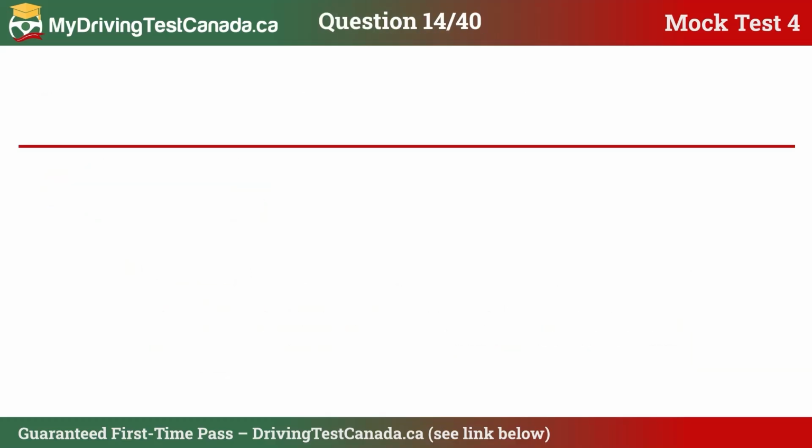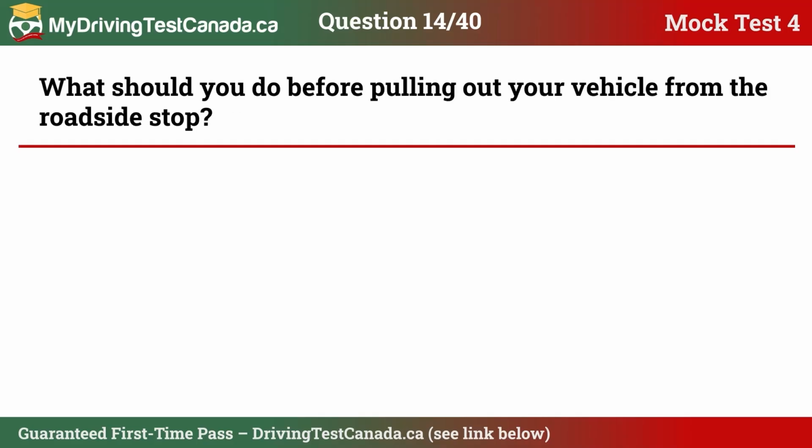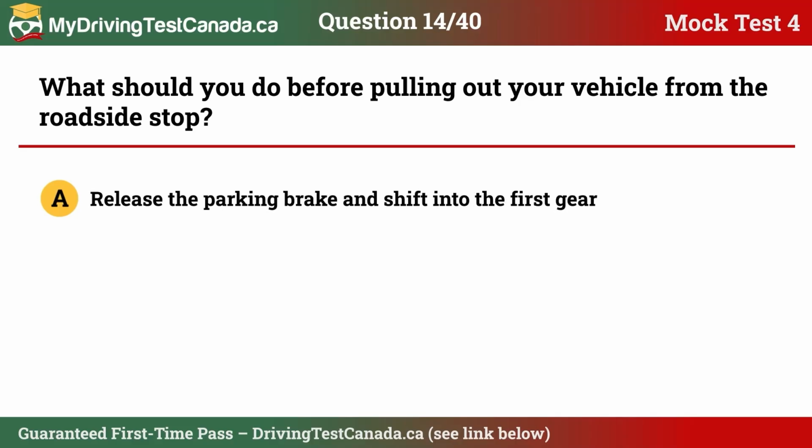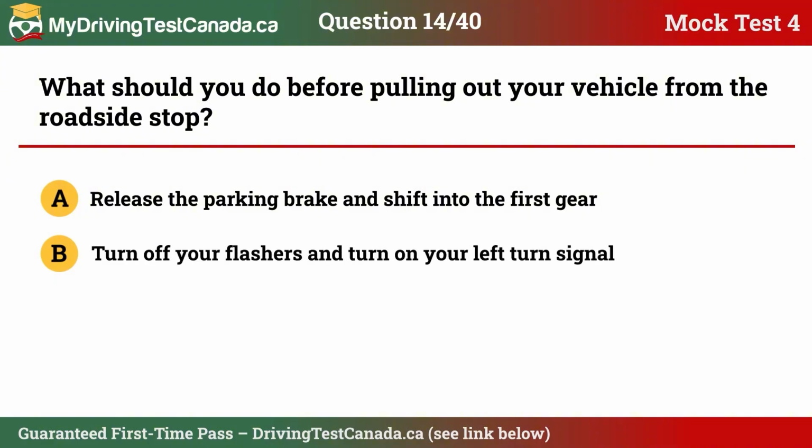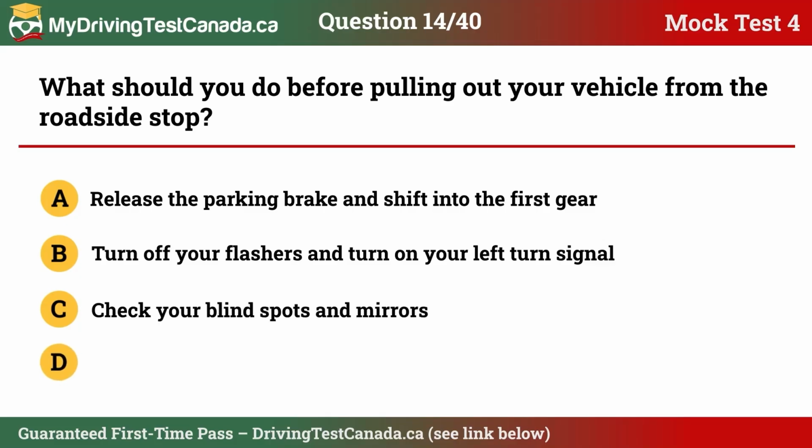Question 14. What should you do before pulling out your vehicle from the roadside stop? A. Release the parking brake and shift into the first gear. B. Turn off your flashers and turn on your left turn signal. C. Check your blind spots and mirrors. D. All of the above.